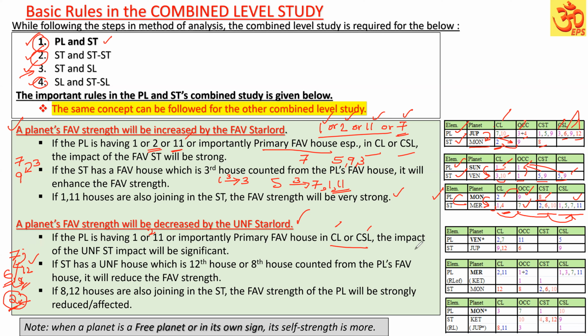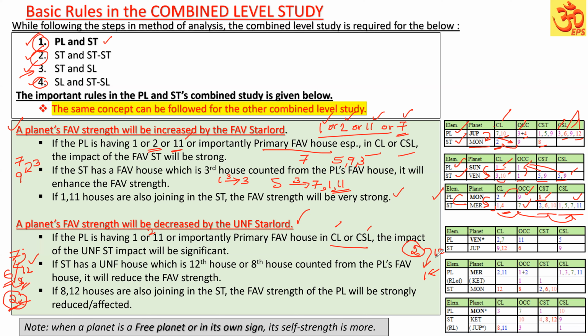Similarly, suppose you take the 2nd house in the planet. That is an important house for the family. The 12th house to the 2nd house is lagna. Though the first house is the 12th house to the 2nd house, this is not unfavorable to the lagna. It is favorable to the lagna and it is also supportive to the marriage prospect.